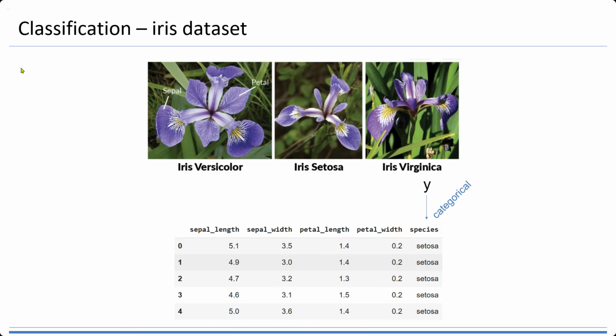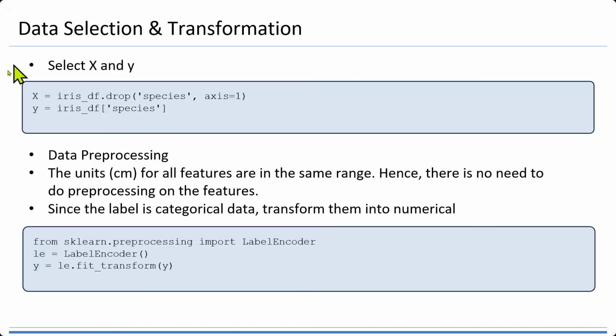Now using this data, again, we can do machine learning. First, we need to select what is the x and what is the y. Because the response is the flower, I can specify the column species as y.